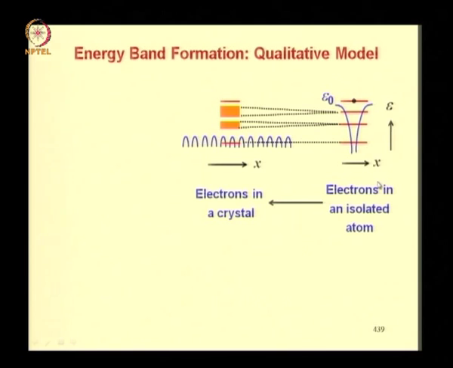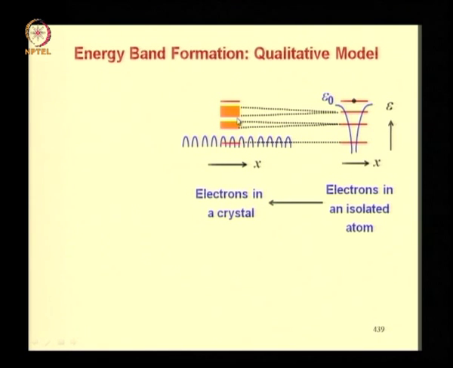For an isolated atom the energy levels would be discrete, something like this, whereas for electrons in a crystal each level spreads into a band of energies, a band of allowed energies separated by bands of energies which are not allowed, so forbidden energies.